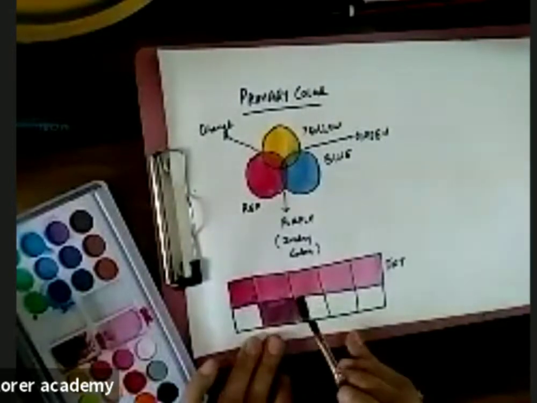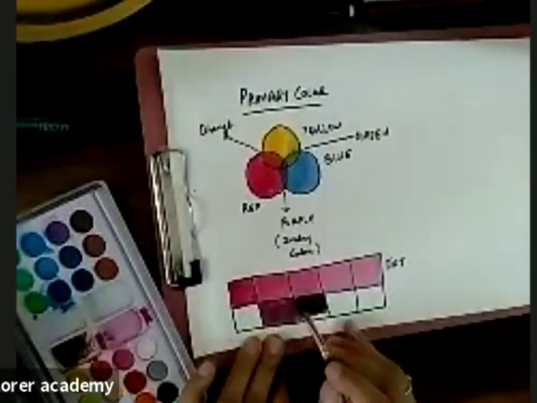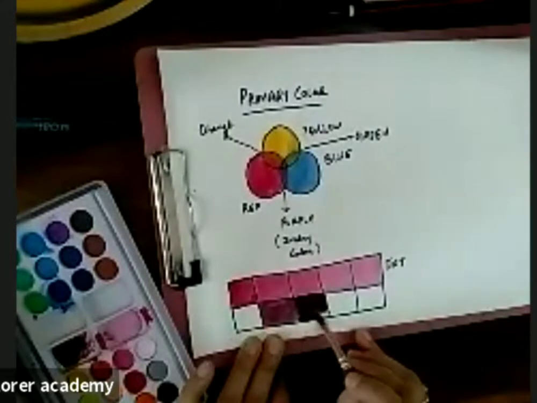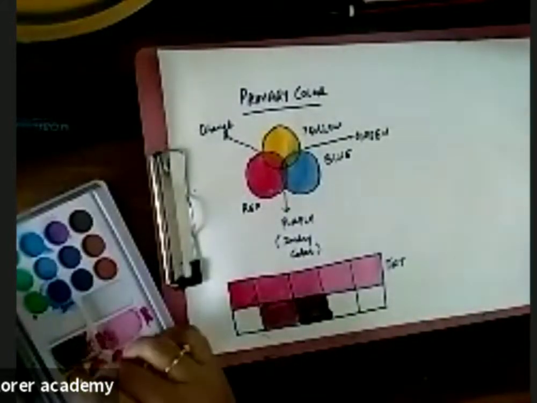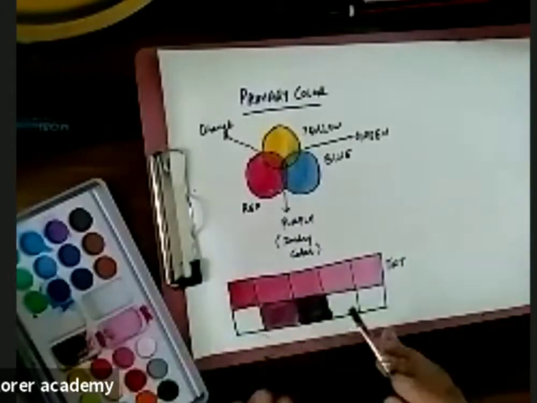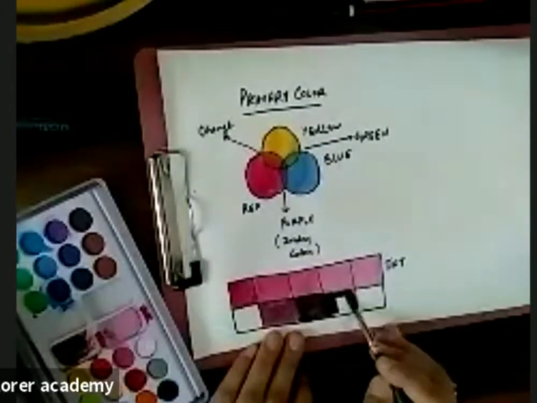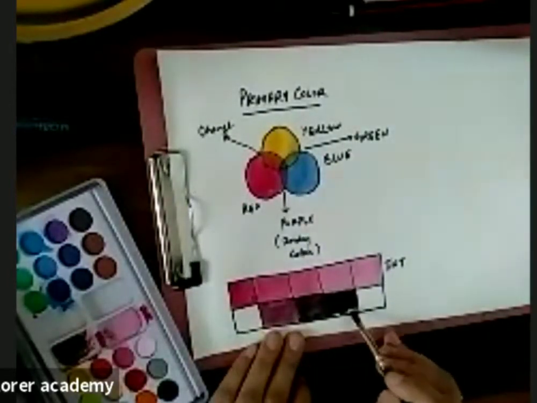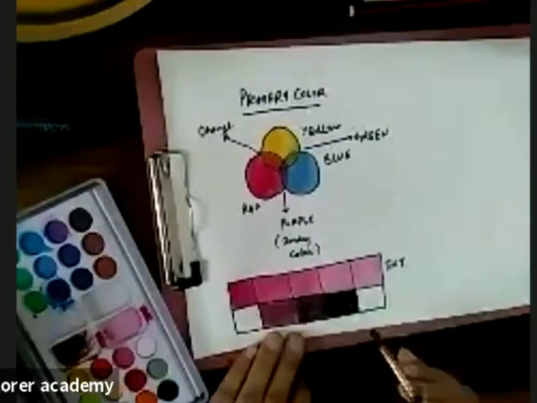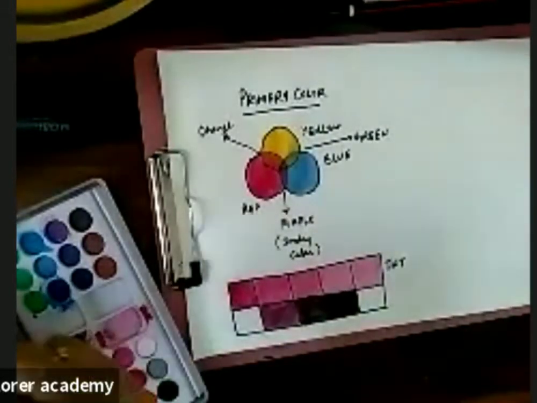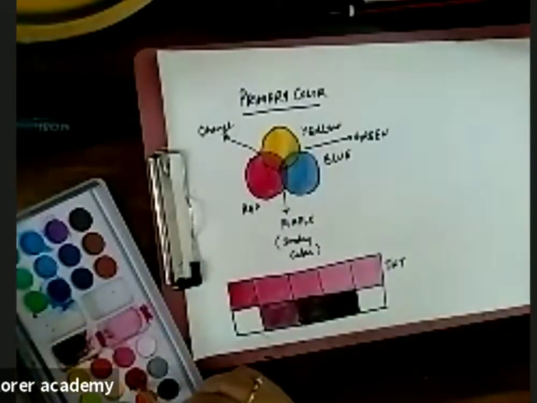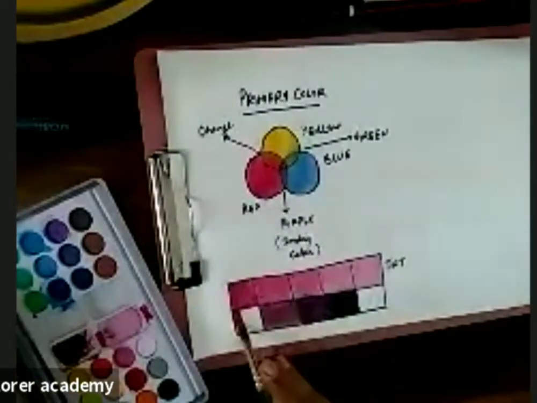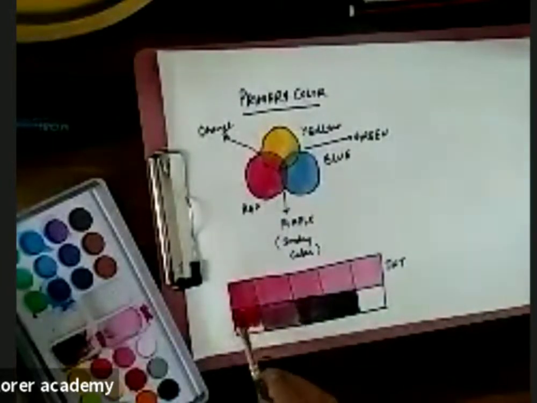You will see that it will totally become black after some time. So just increase the black part. So this was my red initially from where we have started.